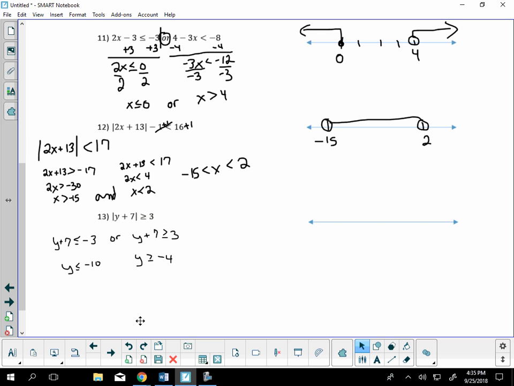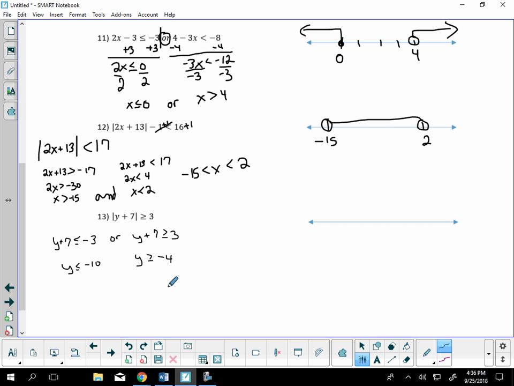So on number 13, I'm connecting it with the word or, and that absolute value is already by itself. So y plus 7 is, do the negative scenario, less than or equal to negative 13. You flip the direction for the negative scenario, and I get y is less than or equal to negative 10.